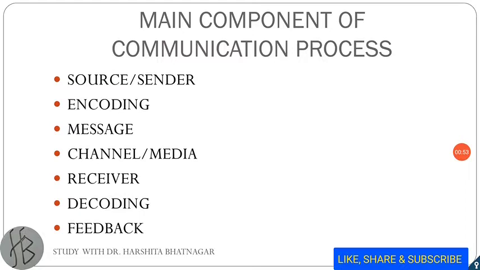Message or information is usually invisible or in abstract form. Therefore, encoding is necessary to give it a clear shape. Means you are converting the ideas into symbols or language based on the experience, language, and skills.